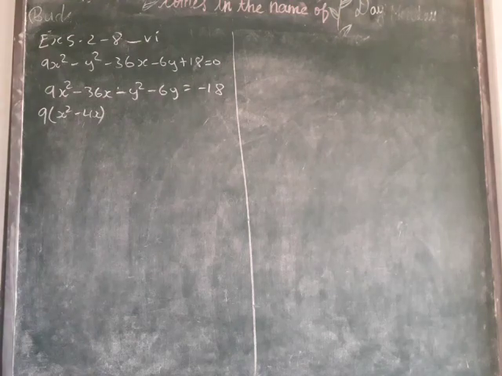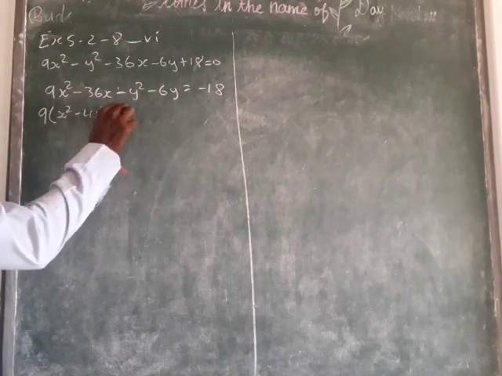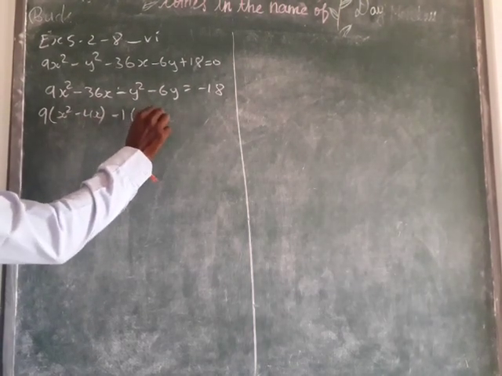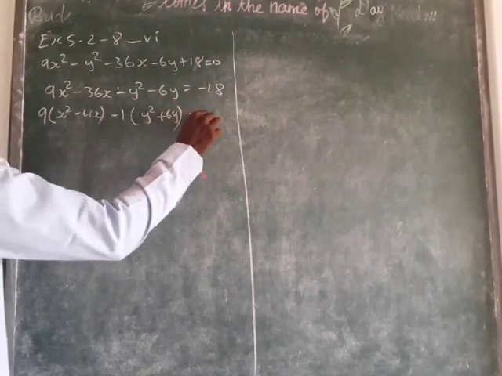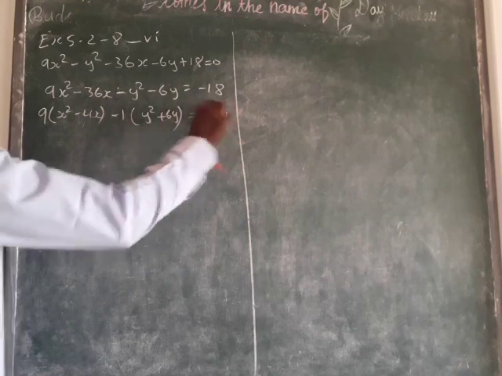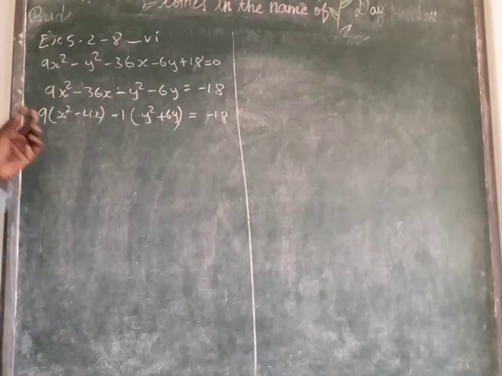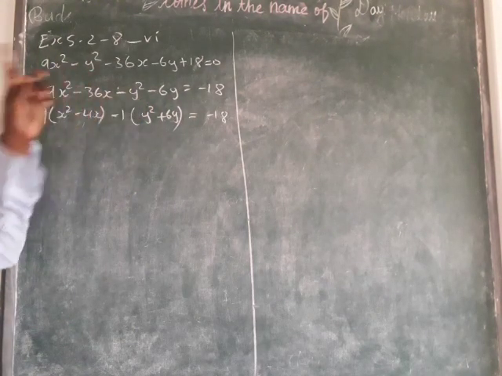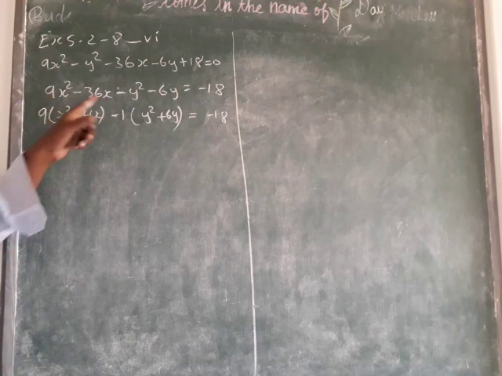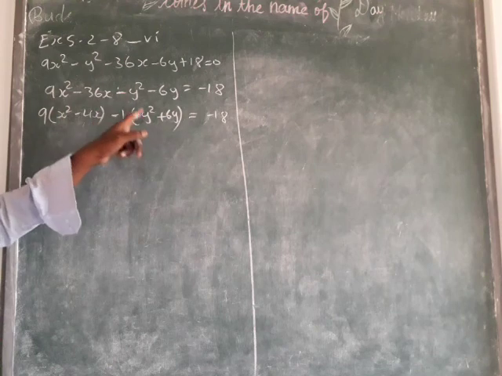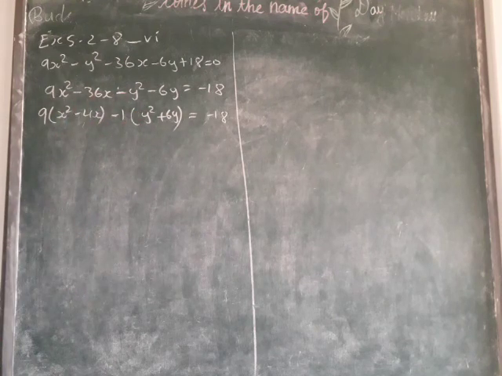Take minus 1 common from the y terms: y squared plus 6y, equal to minus 18. Because we need the coefficient of x squared and y squared to be a positive 1.